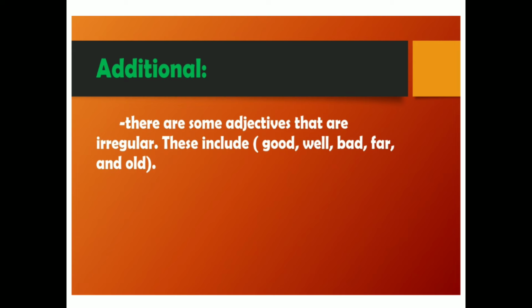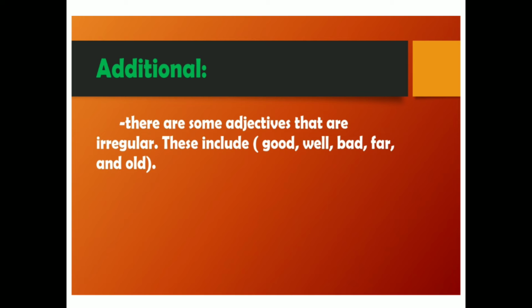Next is far. Some style guides may say that further is preferred for physical distance and farther is preferred for figurative distance. However, these words are often used interchangeably in everyday speech and writing.